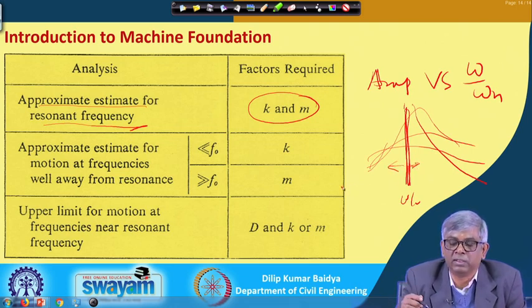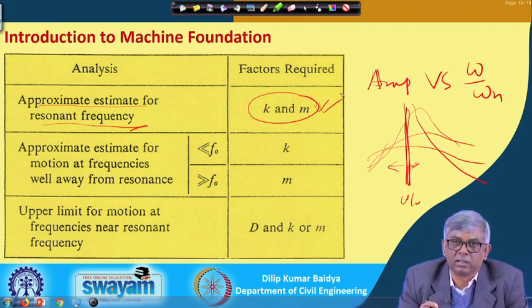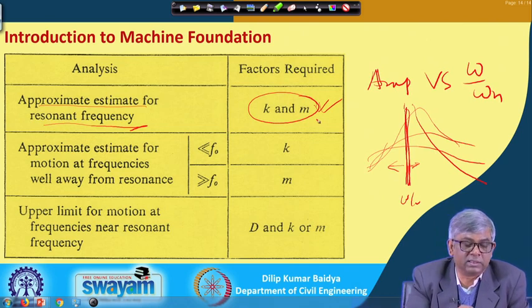But if you want to find the approximate natural frequency, simply take k and m and find the square root of k by m; that becomes the approximate natural frequency. The resonant frequency can be taken as the natural frequency when damping is small, and if damping is large, I have given a relationship that can be used to find the resonant frequency correctly.